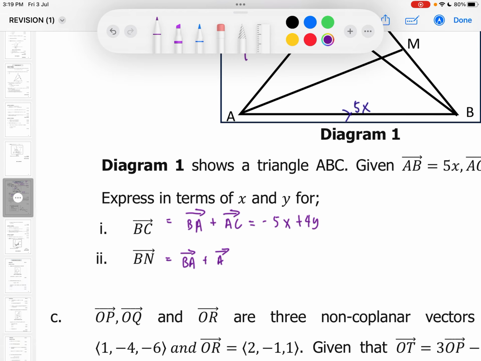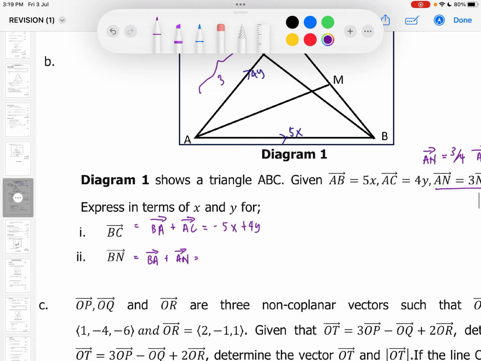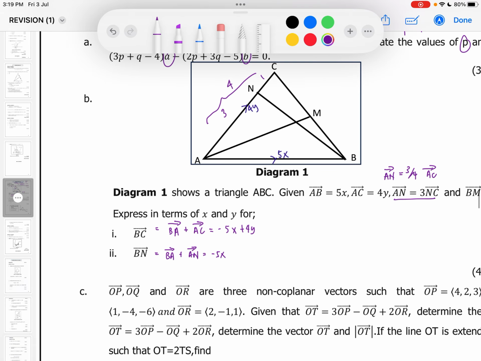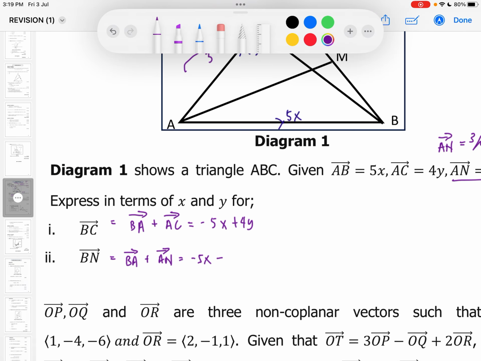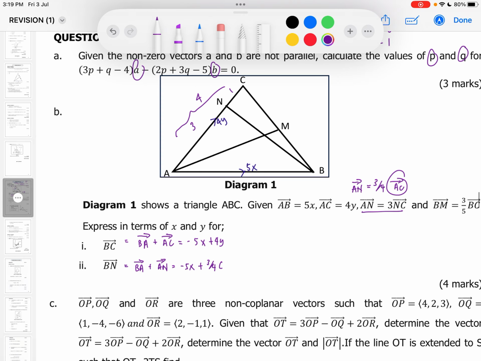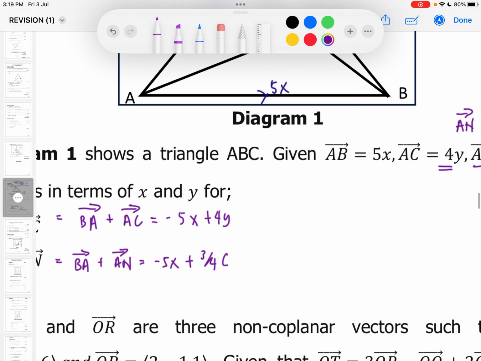BA is negative 5x, as you all know. AN is 3 over 4 of AC, which AC is 4y.